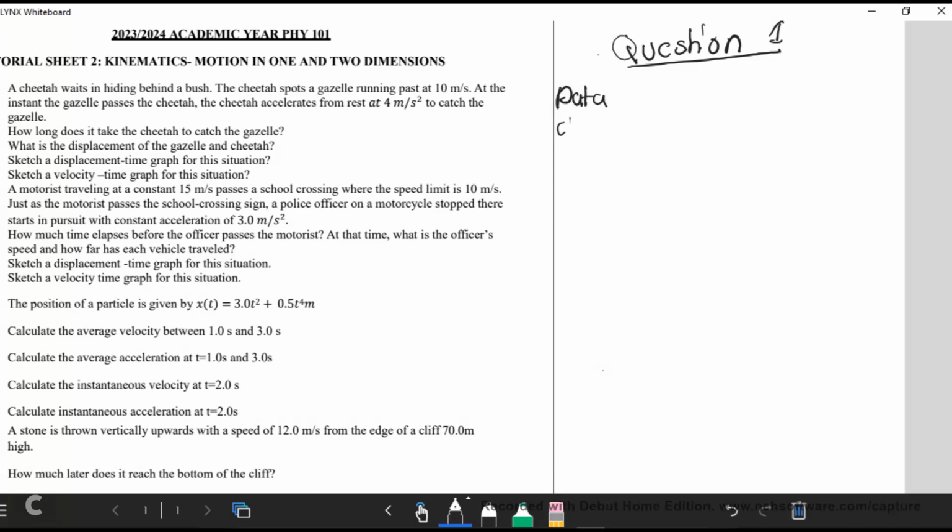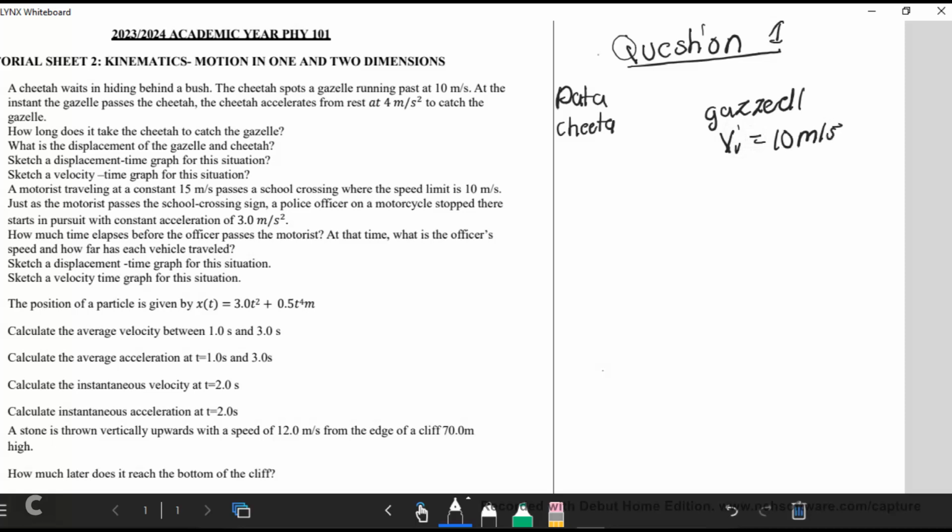So we have the cheetah this side, and we have the gazelle this side, like that, right? The cheetah spotted a gazelle which was moving at 10 meters per second. This is speed, meaning the velocity of the gazelle is 10 meters per second.